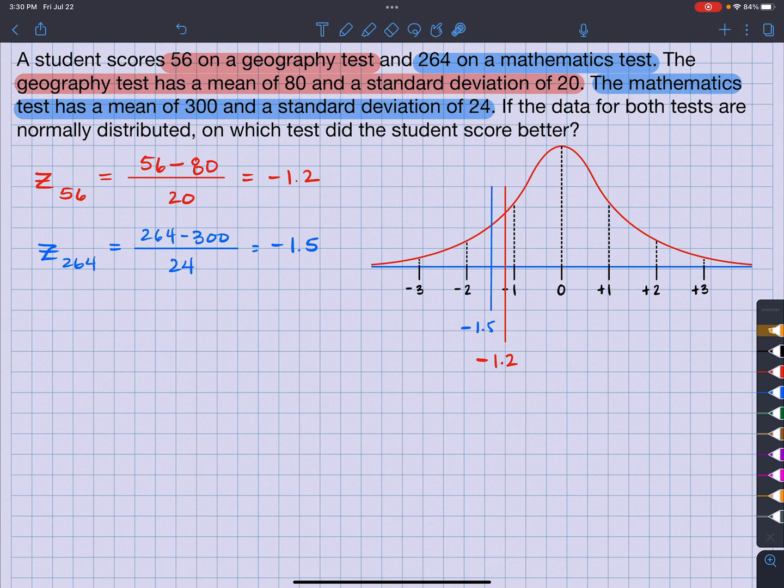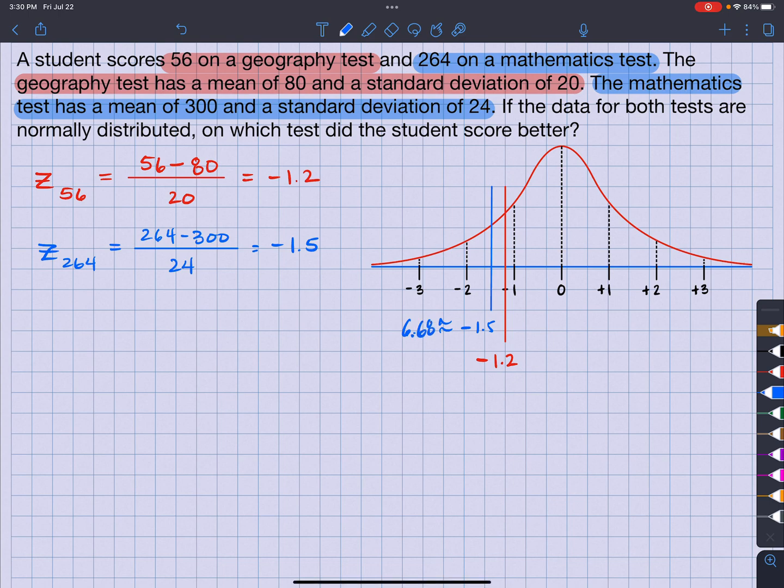If you look at percentiles, negative 1.5 is approximately 6.68%, right?